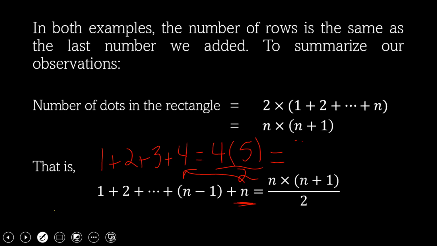And we get 20 over 2, which equals 10, which is exactly what we just found. And of course, we could have just added 1 + 2 + 3 + 4. But again, if we wanted some crazy big number for our n, if we wanted to sum up 1 all the way up to 1,000, we could use this formula instead of adding them all up on our calculator or by hand.